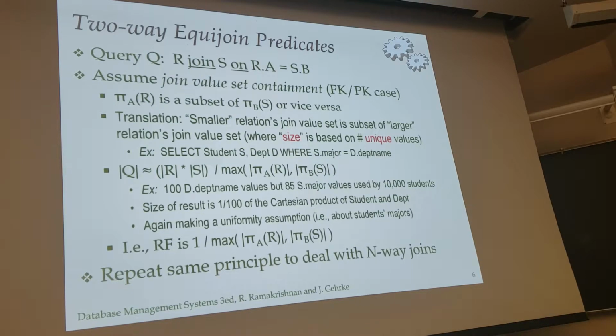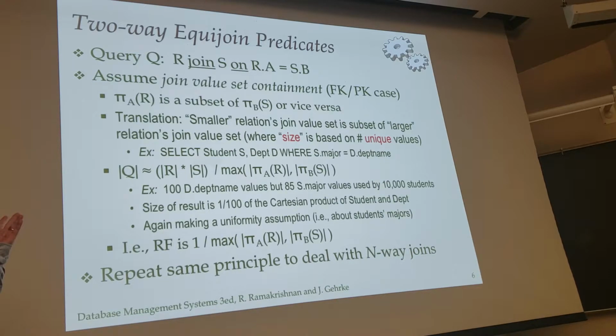The majors that students have are the majors that are listed as a list of majors. Basically, because it is a foreign key, the values of the join column of one relation are a subset of the join column values of the other one. And that's going to be true if it's a foreign key, if you have referential integrity.